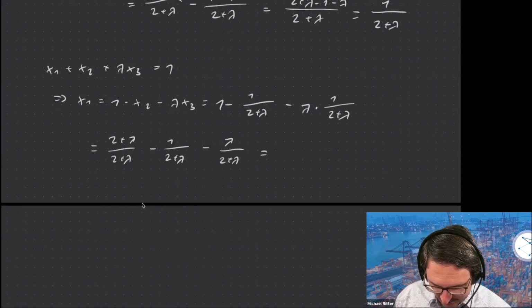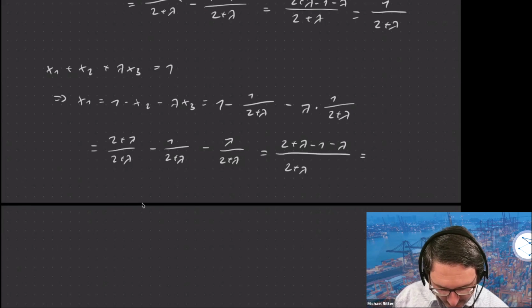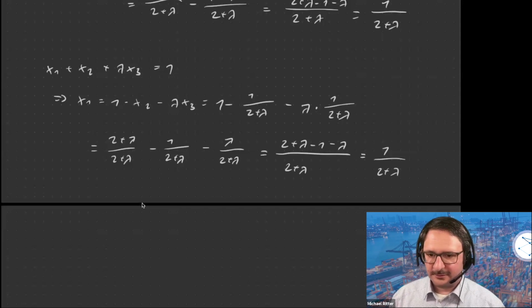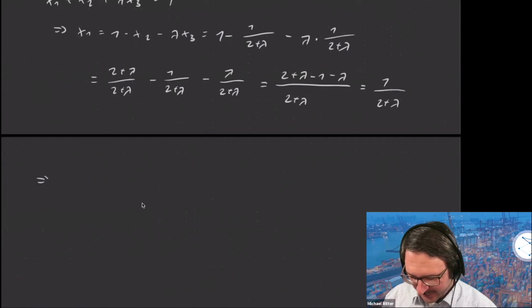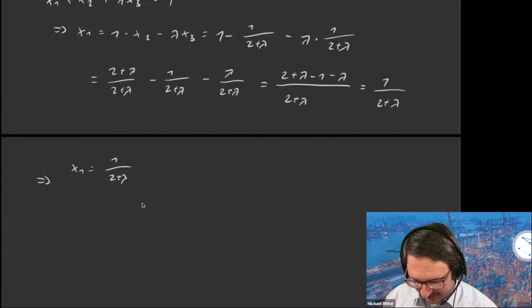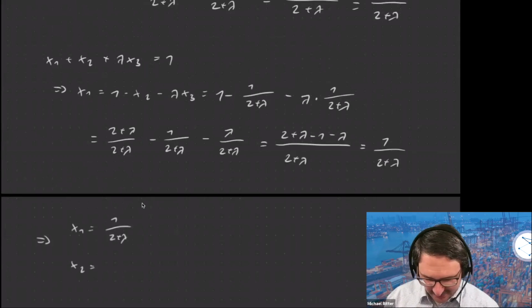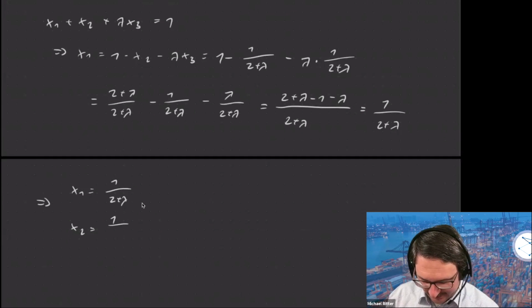So we get 2 plus lambda minus 1 minus lambda over 2 plus lambda, or that is simply 1 over 2 plus lambda. So finally, the results are x1 is 1 over 2 plus lambda. x2 was also 1 over 2 plus lambda. And x3 was 1 over 2 plus lambda.